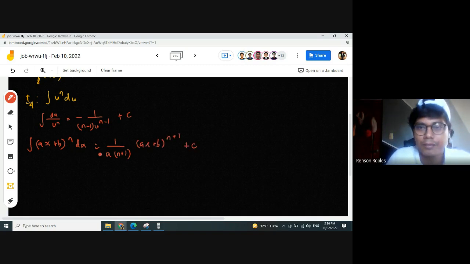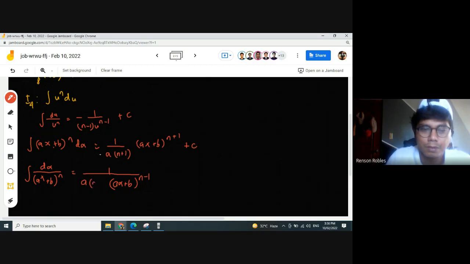Okay? Another modification is that whenever this ax plus b raised to n is written down on the denominator. So just like the same thing, it's a combination of this and this. You copy a, okay? You copy ax plus b raised to, since this is written on the denominator, you subtract 1. And then you write it here, oppose the sign, and then you add c. Okay?